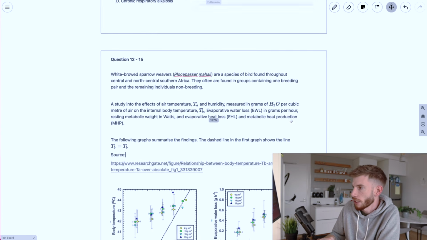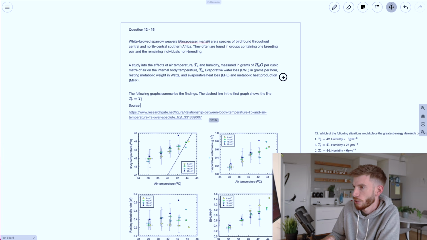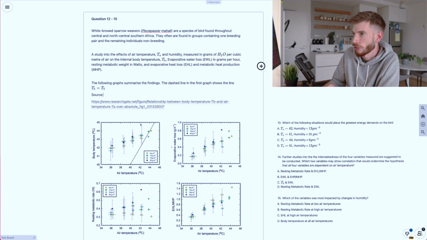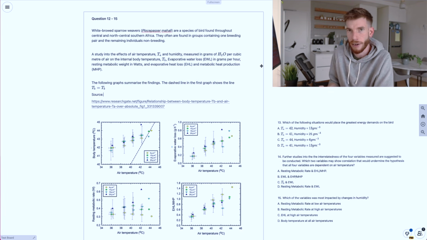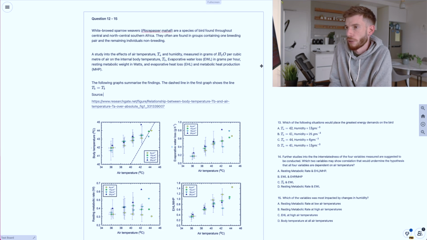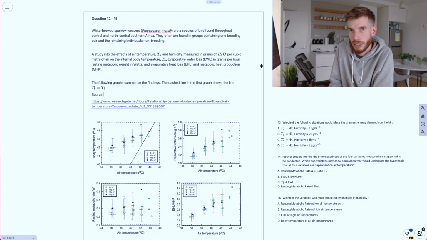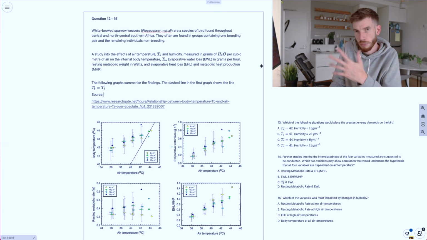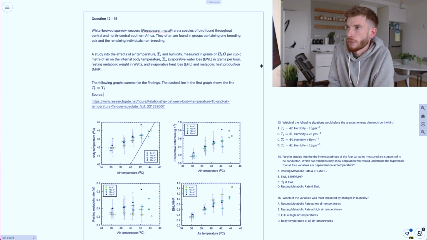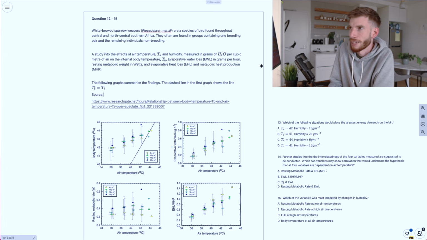And so then this final one I put together. I have seen there's a bit of a trend where they use, I guess I'll call them related graphs, where you have 3 or 4 graphs and the variables all kind of interconnect in some way. And then you've got to make deductions about them, reading across multiples of them. So we've got white-browed sparrow weavers, or the Latin name, I'm not even going to attempt to read that, a species of bird found throughout central and north-central southern Africa.